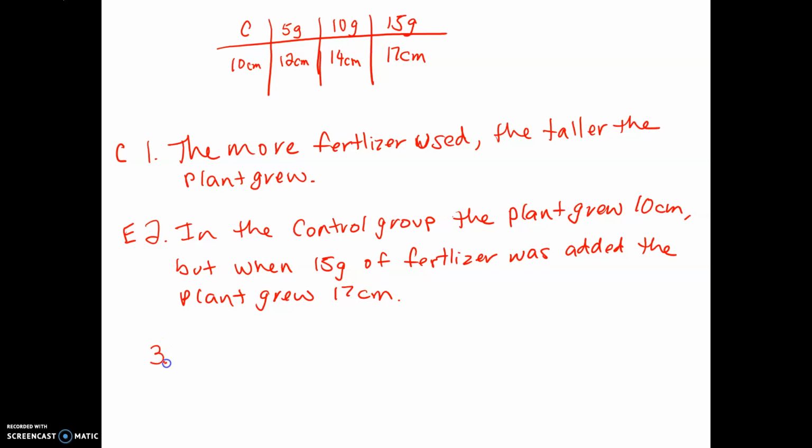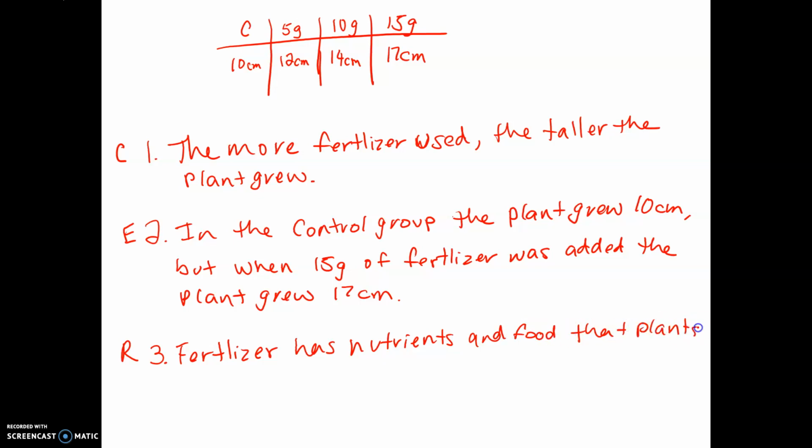And then finally, our last one is our reasoning. So our reasoning is taking that background information about everything that we learned and applying it here. So we know that fertilizer has nutrients, it has food to bring into our equation here. So the support is fertilizer has nutrients and food that plants need to grow.